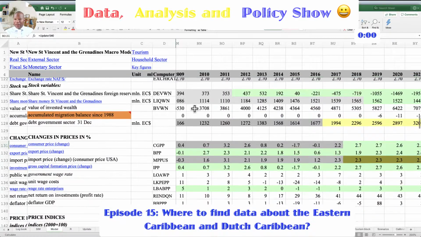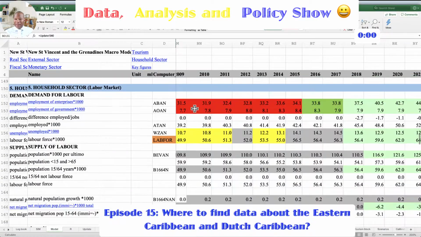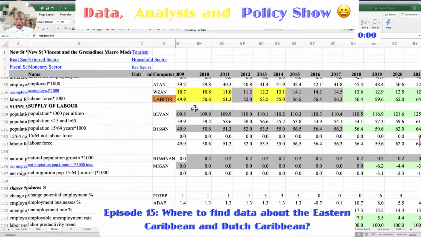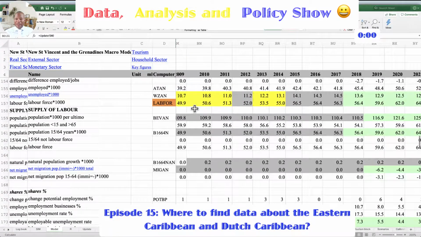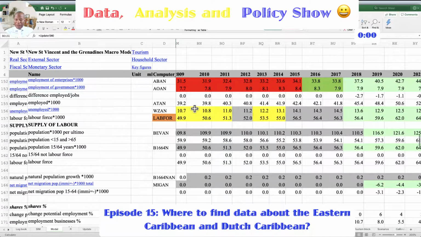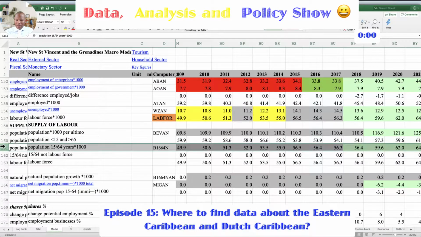And in St. Vincent and the Grenadines, we can also look at the labor market. How many people are working in St. Vincent and the Grenadines? How big is the population? So here you see the population.